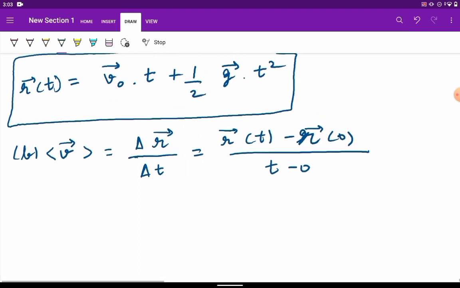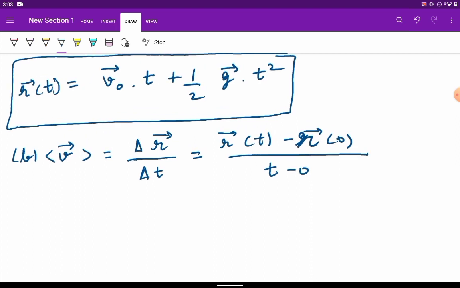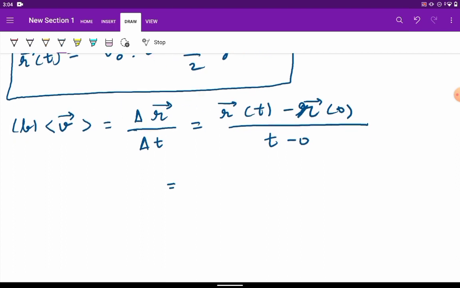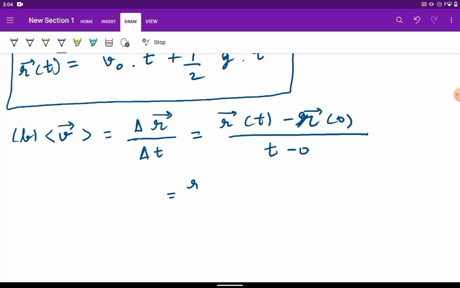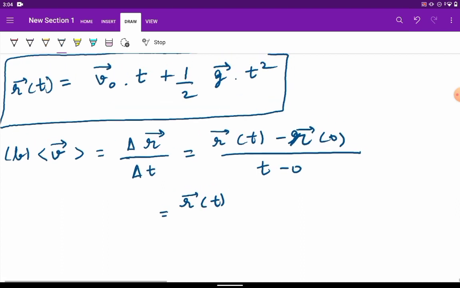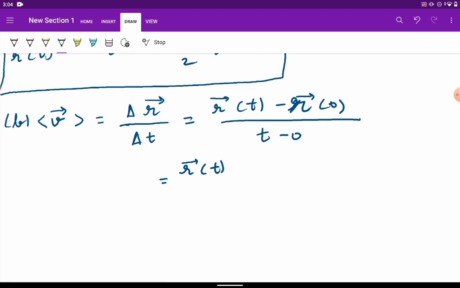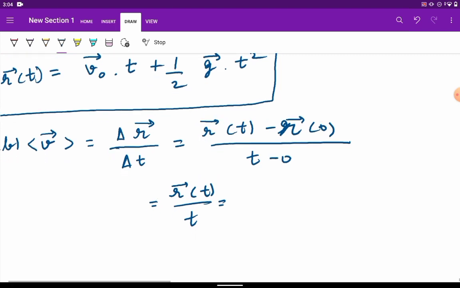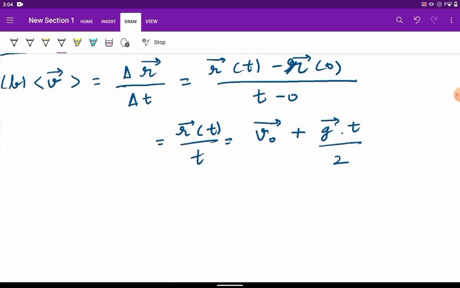Now at 0 we are considering that it is at the origin, so it's nothing but r of t, because r0 is 0. So this equation is just divided by t, that's it. So it becomes v naught plus g times t by 2, right? So this becomes your average velocity vector after time t.